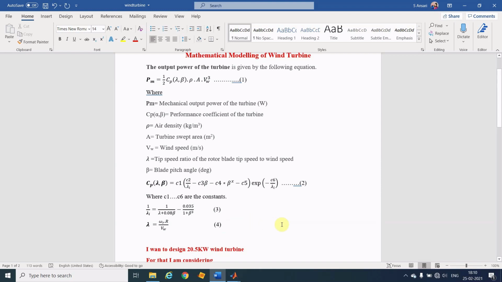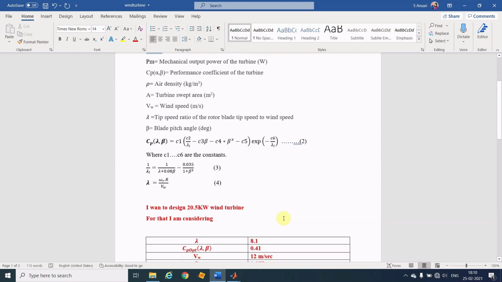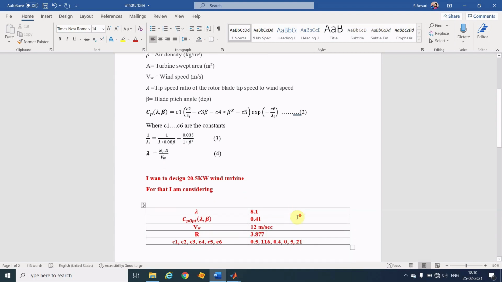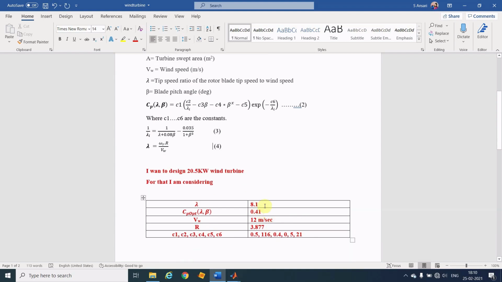So I want to design a 20.5 kilowatt wind turbine. For that I am considering lambda equal to 8.1. In my previous video I already explained why it is 8.1 or 8.2; we have to take it as per the aerodynamic design of the turbine.